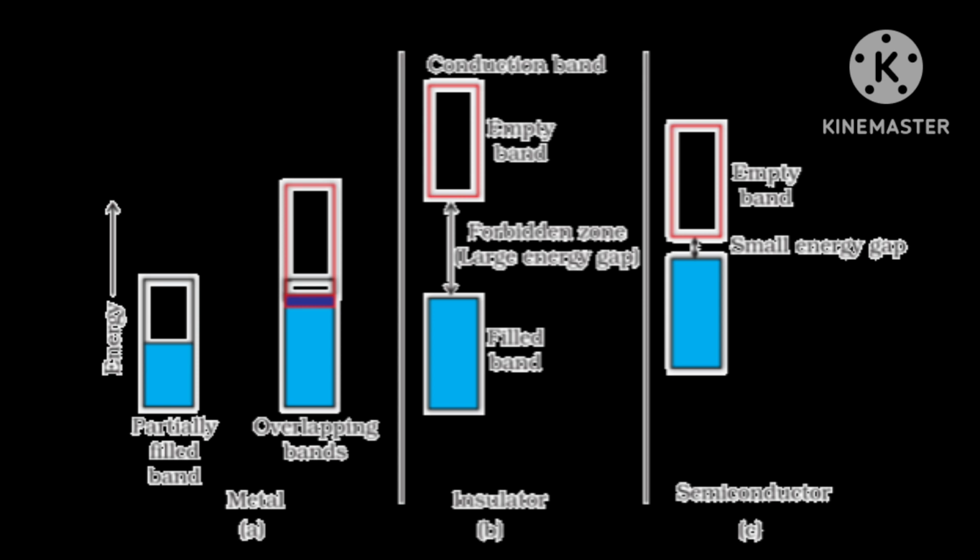If this band is partially filled or it overlaps with a higher energy unoccupied conduction band, then electrons can flow easily under an applied electric field and the metal shows conductivity.